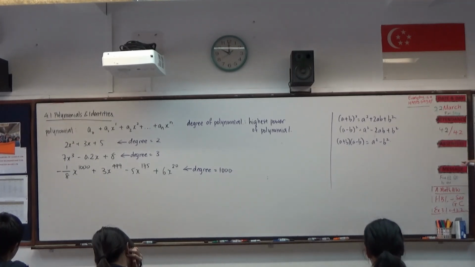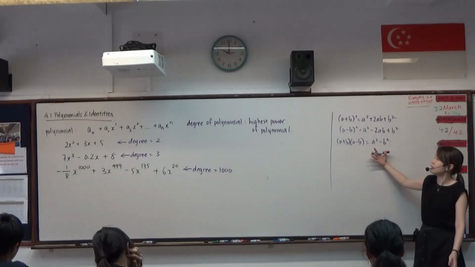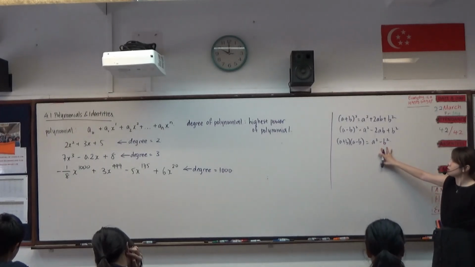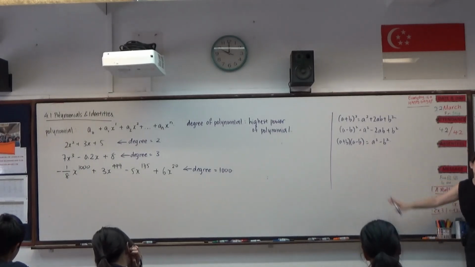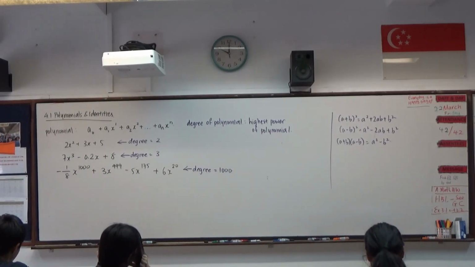They are essentially things that are true for all values of A and B. So whatever A, whatever B you put in, the left hand side will always be equal to the right hand side. That is the meaning of an identity. But you don't need to harp much over this understanding of identity. You can just see it as an equation, that's all.